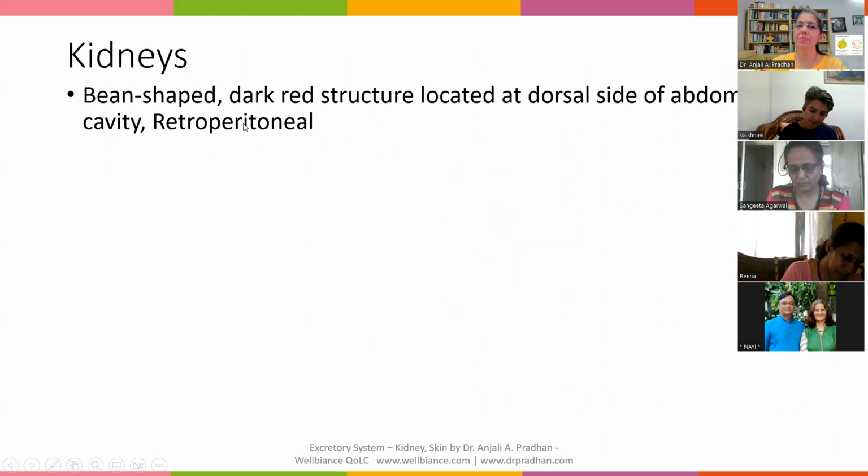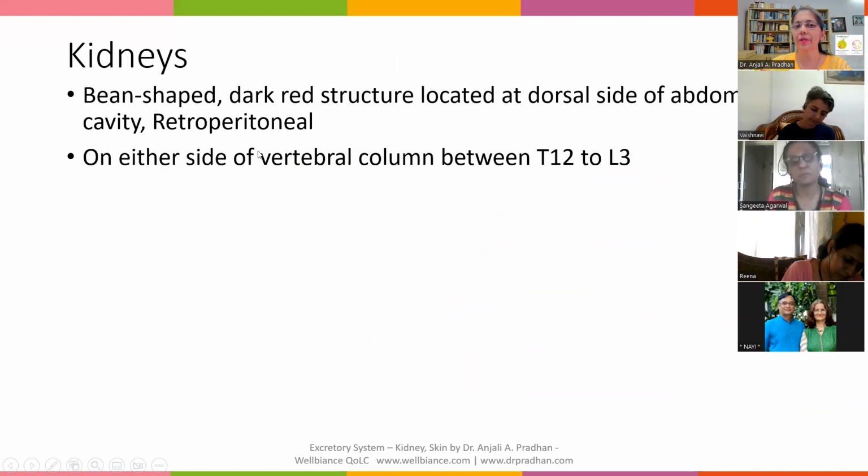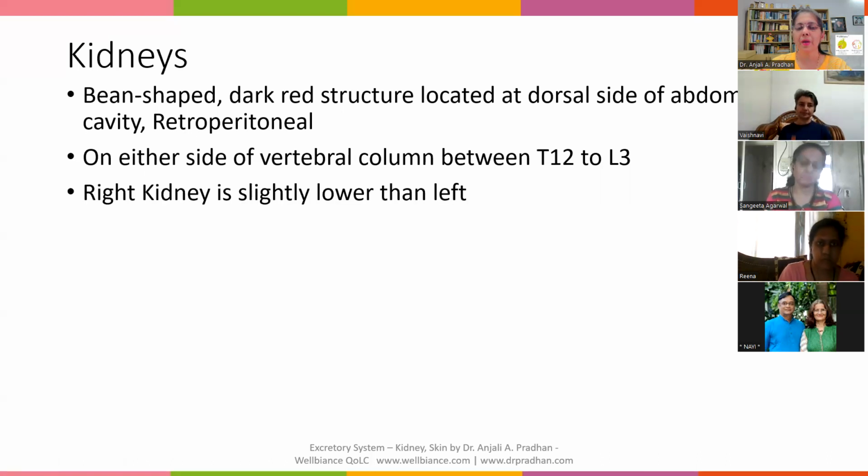It is a bean-shaped, dark red structure located at the dorsal side of the abdominal cavity. It is retroperitoneal. It is on either side of the vertebral column between T12 to L3. Correct? I'm just reading it as a revision, so that I will not miss any point to explain.